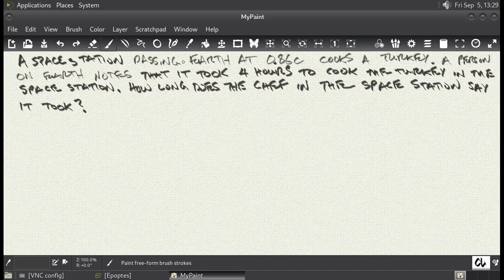We are given that the velocity is equal to 0.86 c. We are also given the time, which the question says is 4 hours. Who recorded this time? It's a person on Earth. And what are they recording? An event that takes place in the space station.